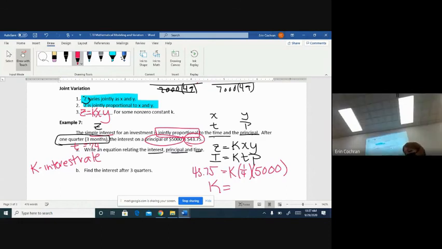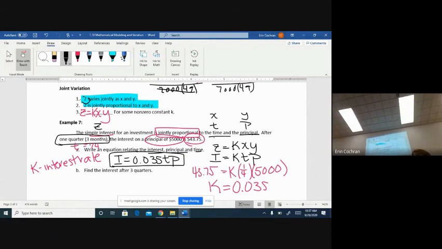So what did you guys get as for your K? 0.035, good. So that's roughly 3.5%, just so you know. Okay, so what would my equation be? I equals, what's my K? 0.035, and then times T times P. So there's your equation.